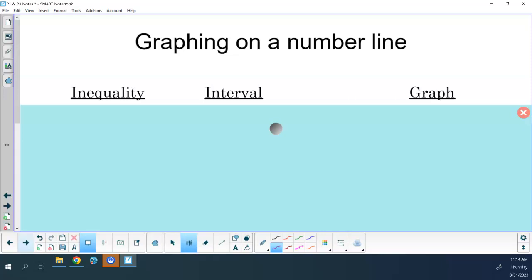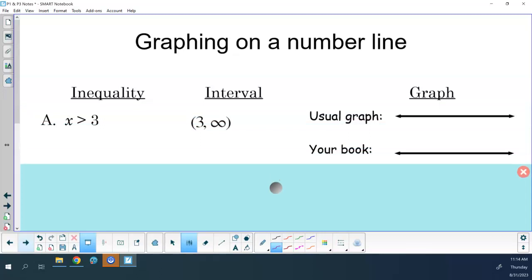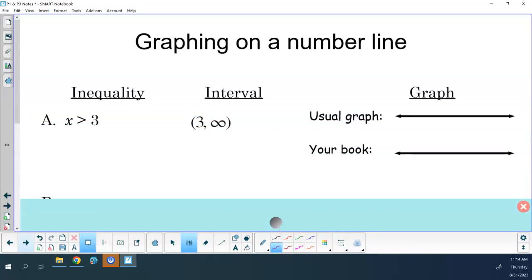So let's take this first one first. The inequality would be x is greater than 3. So I want to represent all numbers bigger than 3. So that's my inequality.